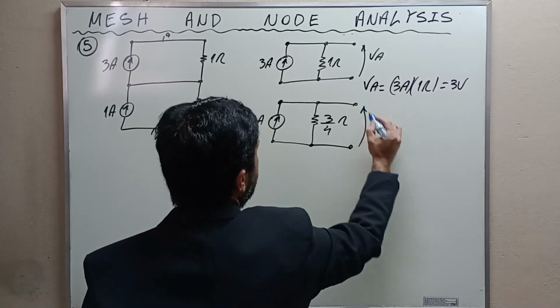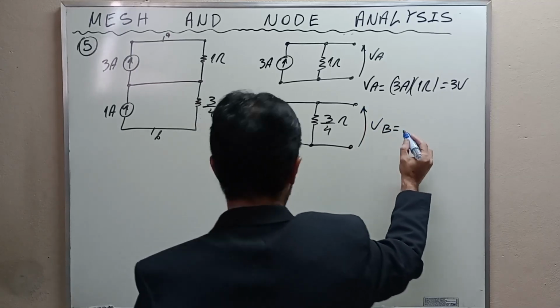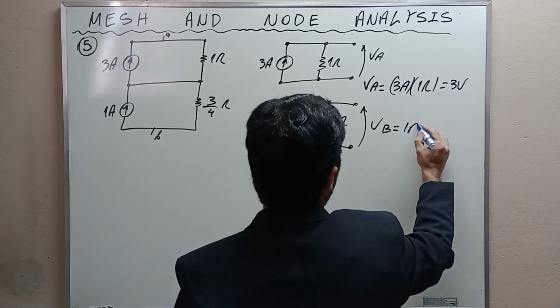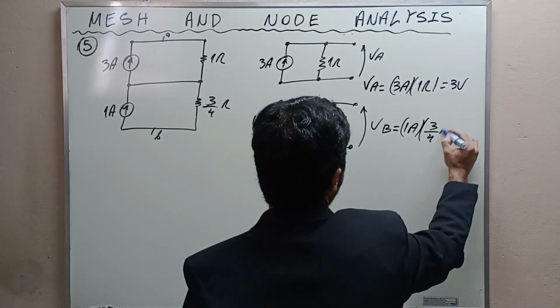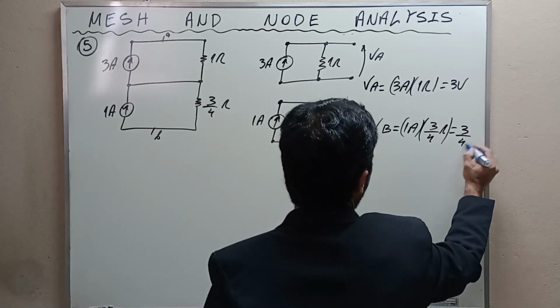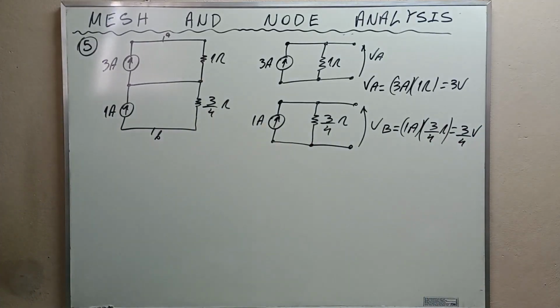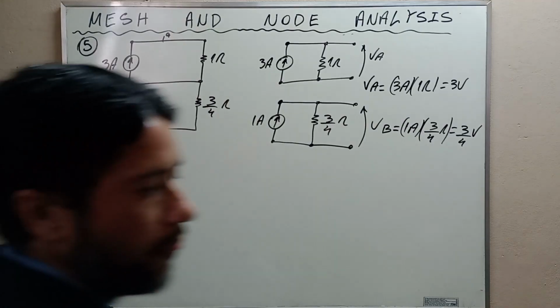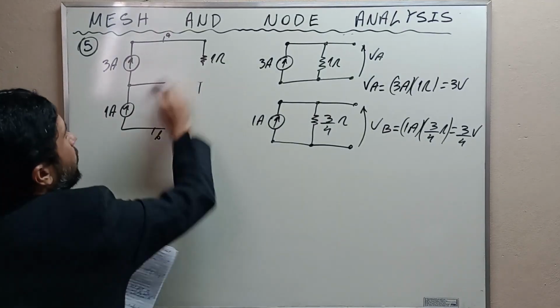I'm going to label this VB, and VB is equal to 1 amp times 3/4, and this is equal to 3/4 volt. Okay? In this way, we can modify this into this.